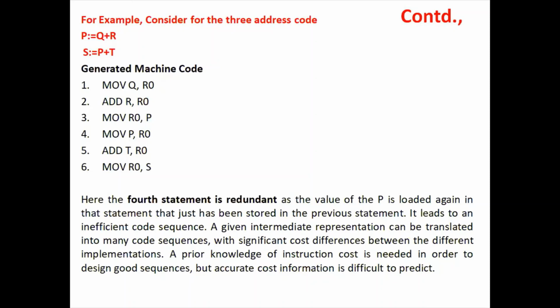Then explain object code form with a neat diagram, and write its types with examples: absolute code, where a small program can be executed immediately; relocatable machine code, which allows subprograms to be compiled separately; and assembler code, which produces an assembly language program but makes code generation slower. So these are the object code forms.